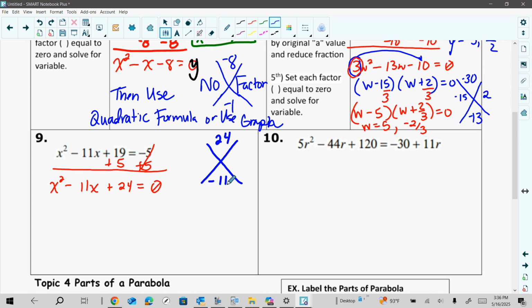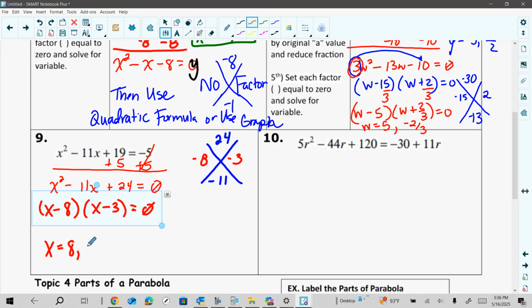So factors of 24 with the -11, -3 times a -8 give me a positive 24, and if I add that I get a -11. So I have x minus 8 and x minus 3 equals 0. So x equals a positive 8 and positive 3.